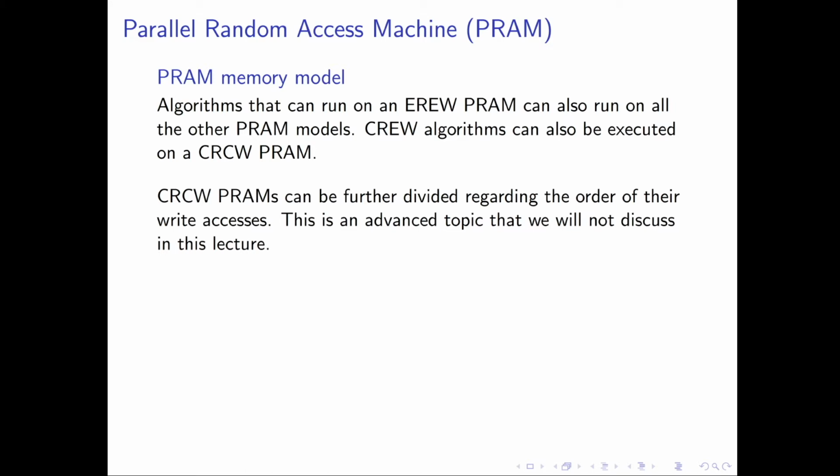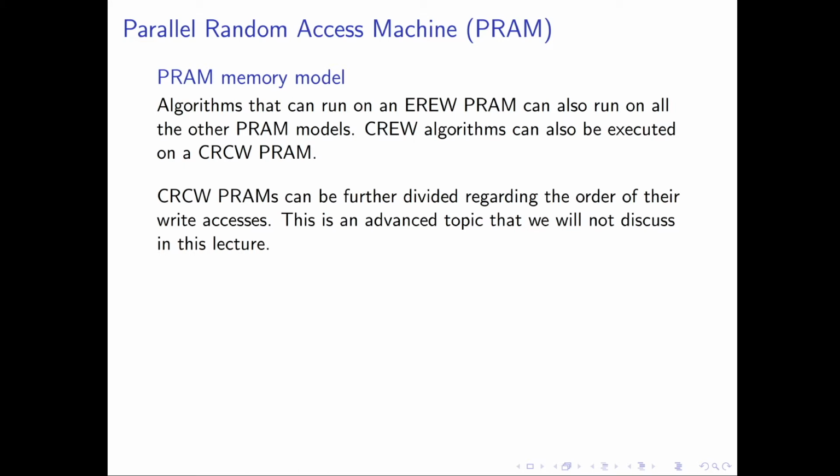And with that, that algorithm would of course also be runnable on a CREW PRAM and on a CRCW PRAM. And likewise, a CREW algorithm would also be runnable on a CRCW PRAM, but not the other way around. When you have a CRCW algorithm, you cannot execute it on one of the simpler PRAM models.